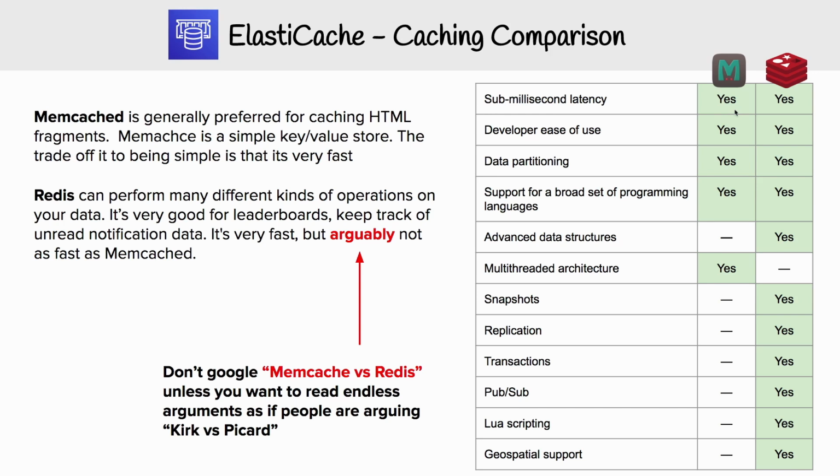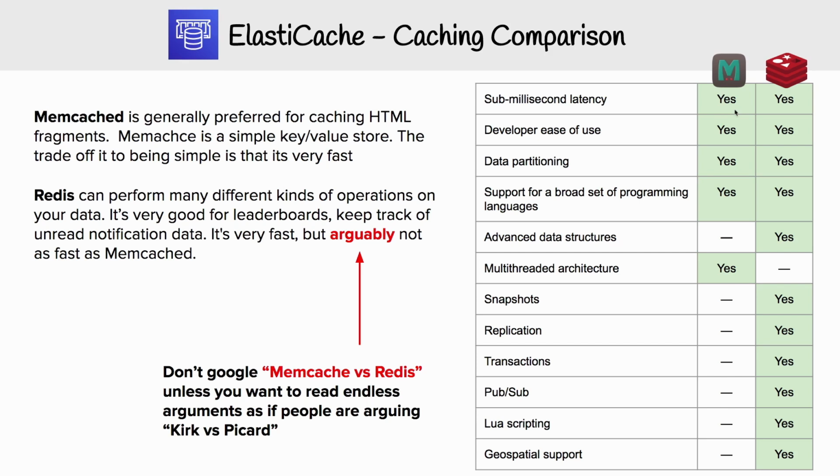So Memcache is generally preferred for caching HTML fragments. And Memcache is a simple key value store, and the trade-off there is that even though it's simpler and has fewer features, it's going to be extremely fast. And then you have Redis on the other side, where it has different kinds of operations that you can do on your data and different data structures that are available to you. It's really good for leaderboards or tracking unread notifications, any kind of real-time cached information that has some logic to it.